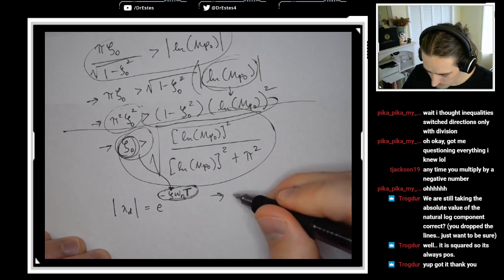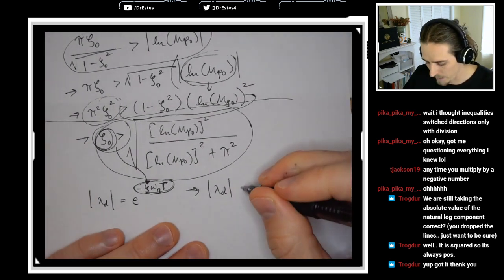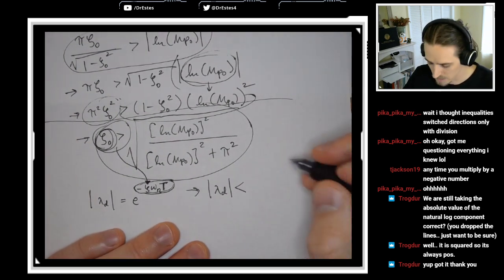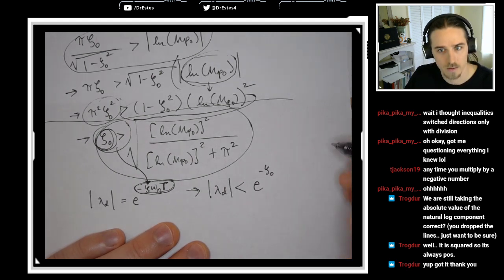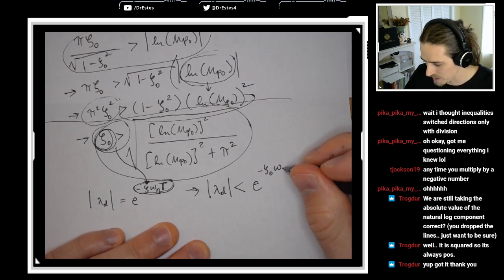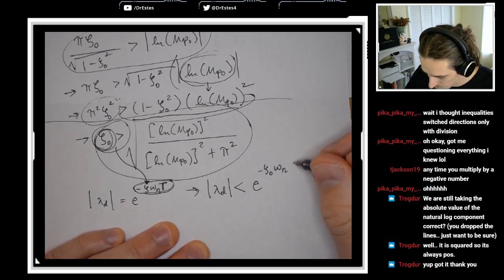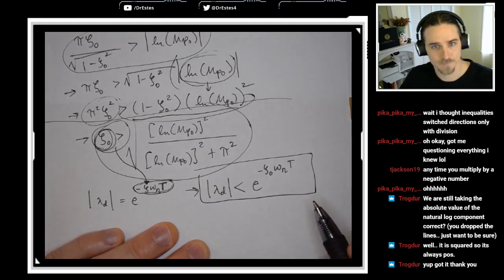So basically we're going to have this. It's going to be a restriction on the magnitude of the root. So it has to be less than e to that damping ratio, which has to be bigger than something. So this is our thing.